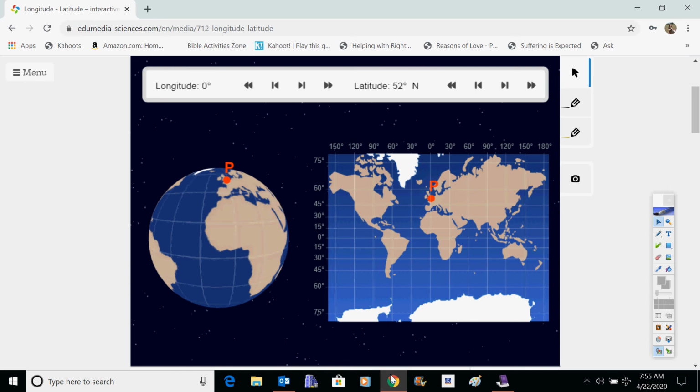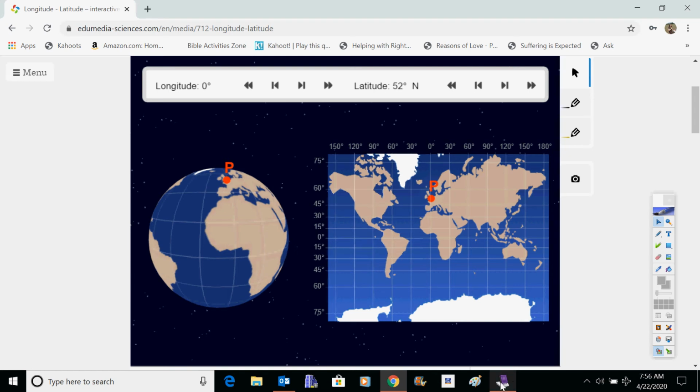We have 0 degrees all the way up to 180 degrees for longitudes, but our latitudes only go from 0 to 90 north and 0 to 90 south, because those latitude lines are not all great circles. Great circles go all the way around.